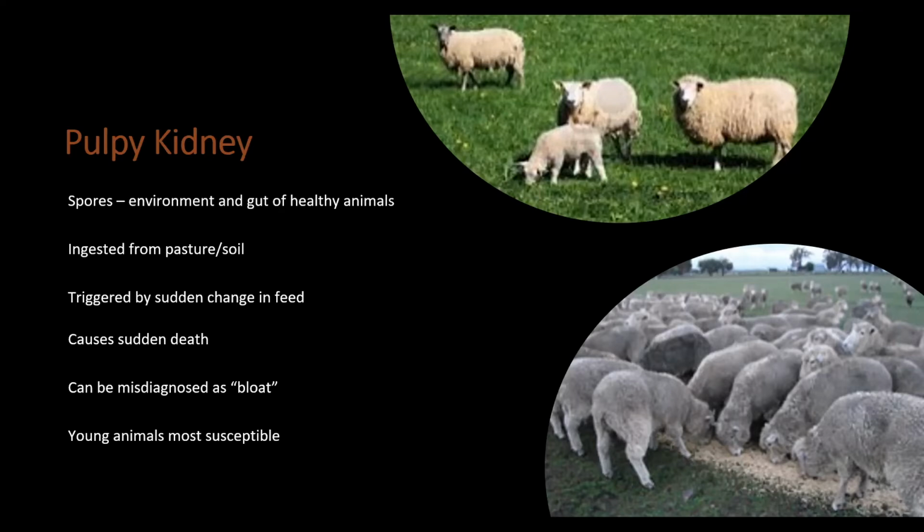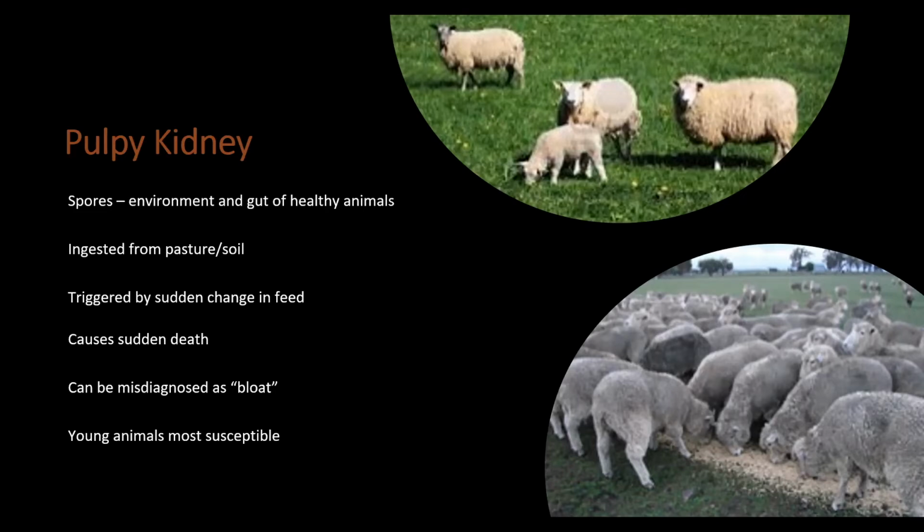When the carbohydrate level changes in the rumen, it makes the conditions more favourable for these spores that are causing the pulpy kidney. The animal has an outbreak. It overwhelms the animal and kills it. It can often be misdiagnosed as bloat, and that is because of the association of the frequency with which it happens when animals go on to these high carbohydrate diets.